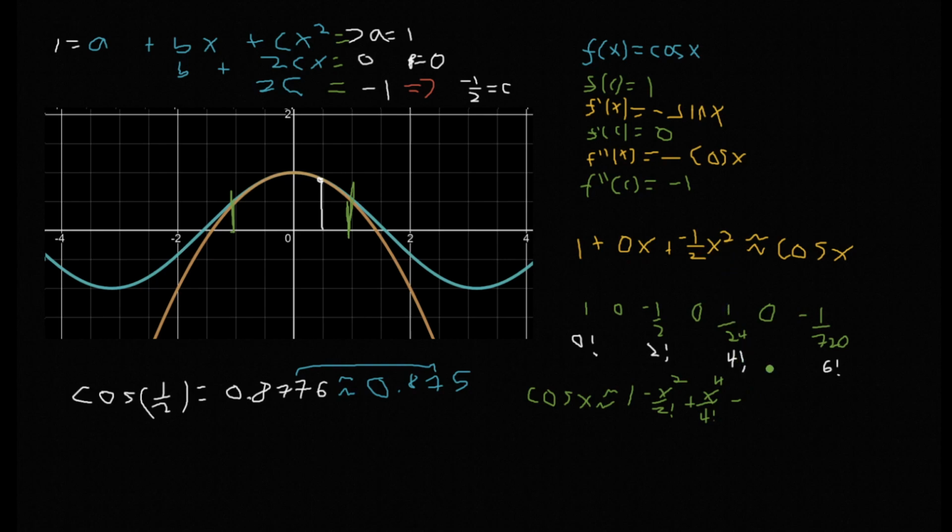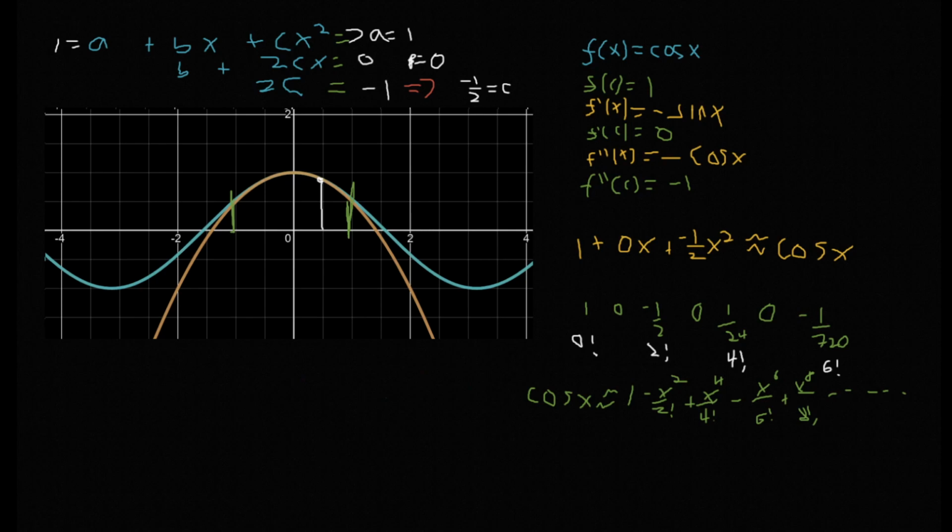You have to have the correct exponent. So x to the 6 over 6 factorial plus x to the 8 over 8 factorial. And this pattern continues. And if we did this forever, we would get cosine x.